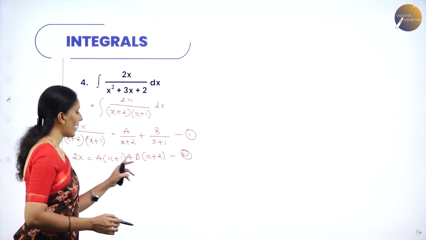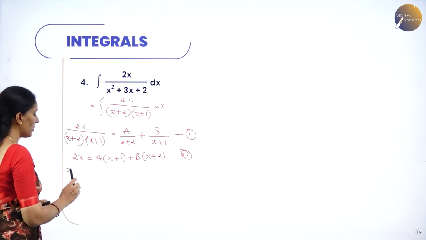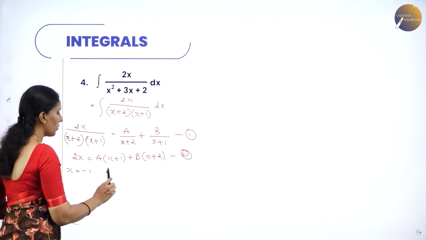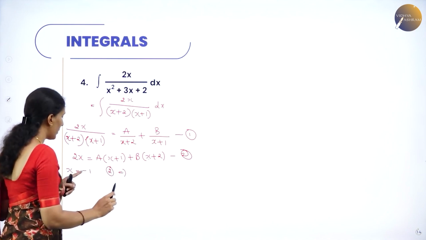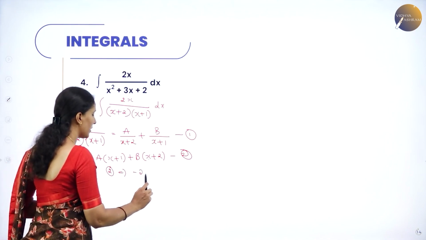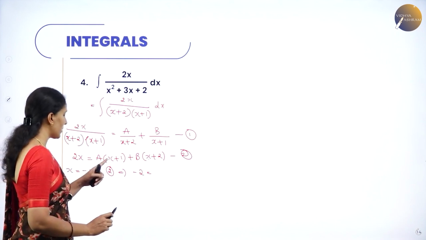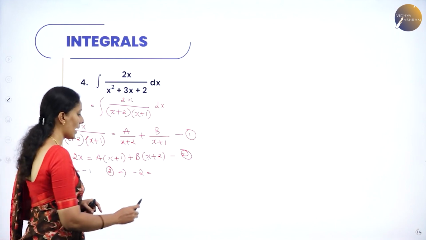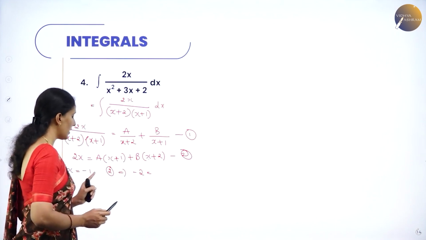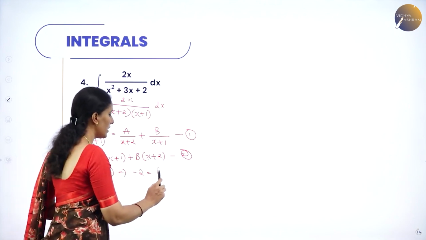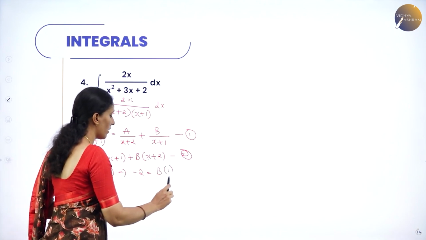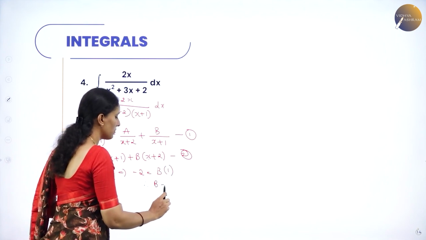Now you have two factors, put x is equal to minus 1, then equation 2 implies 2x becomes minus 2. And here, x plus 1 cancels, so this term becomes 0. Next you have b into minus 1 plus 2, which is 1. So therefore the value of b is minus 2.